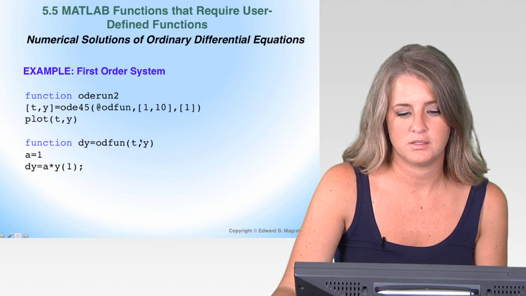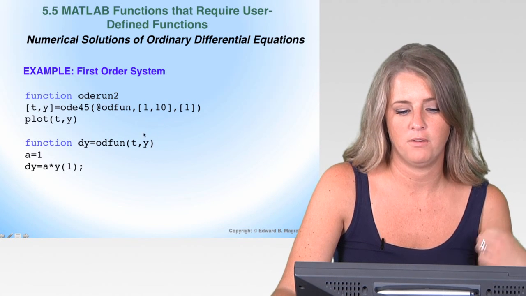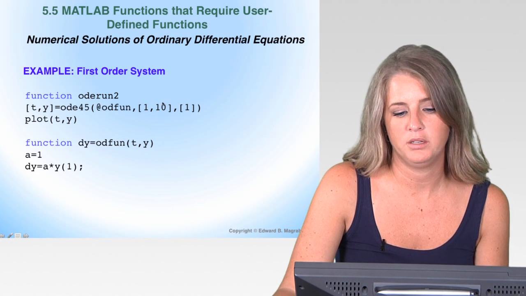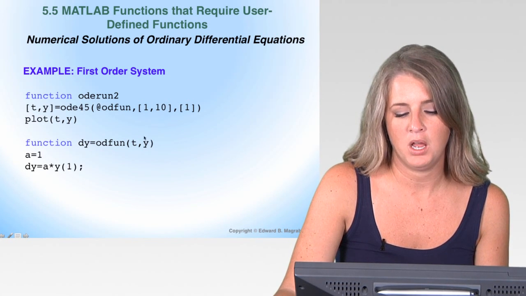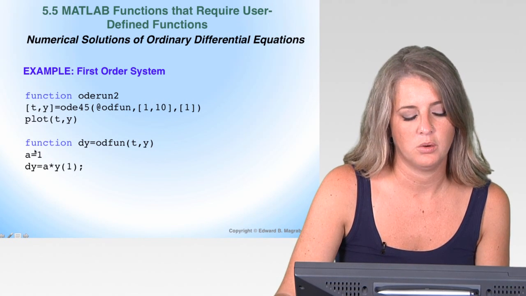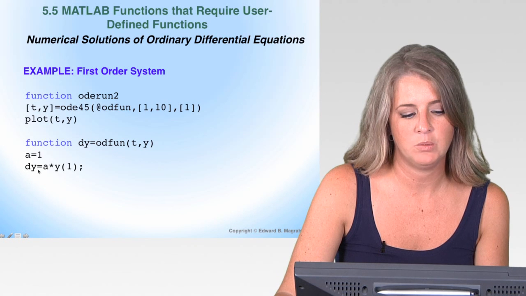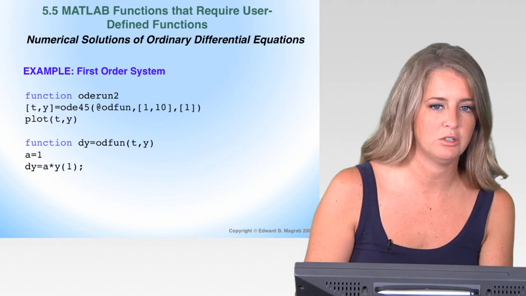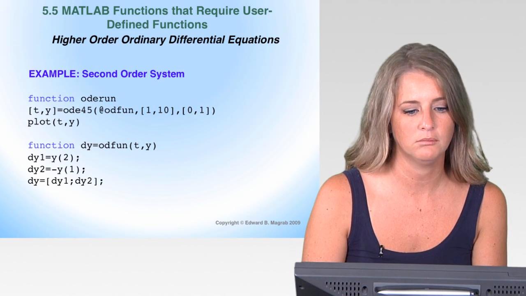And then here is our argument. So we have our independent variable t, time, is from 1 to 10, and then y is 1. Okay, so boundary conditions. So we have a equals 1, and then dy equals a times y of 1. Again, don't worry too much about this syntax, just get a general feel for what's going on here.